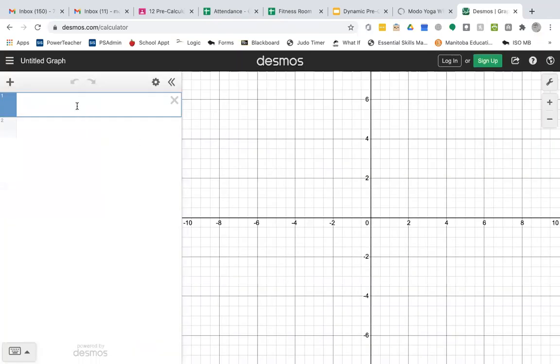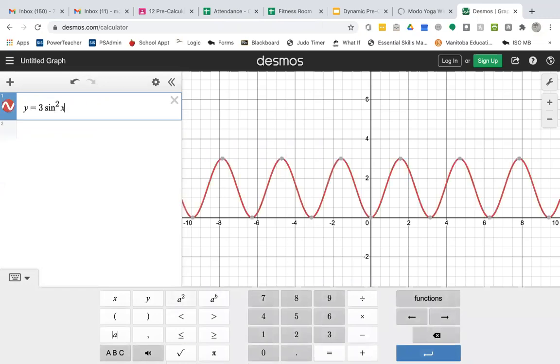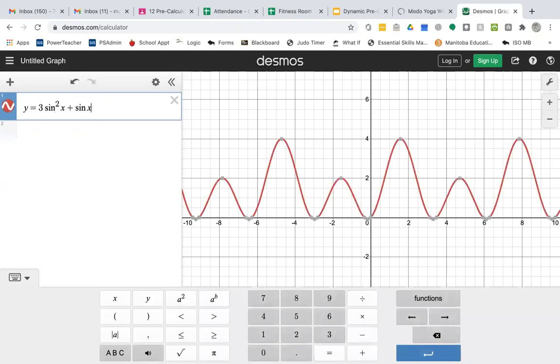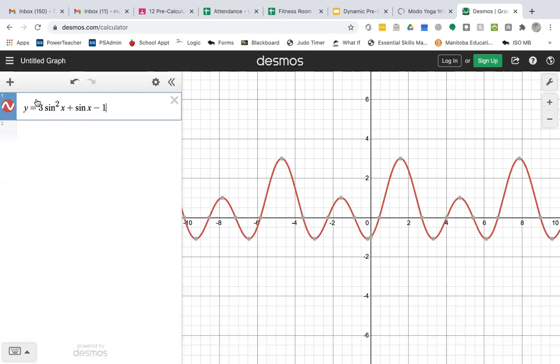Okay, so y equals 3 sine squared of x plus sine of x minus 1. So the equation we get is 3 sine squared of x plus sine of x minus 1 equals 0. In other words, when does this equal 0?